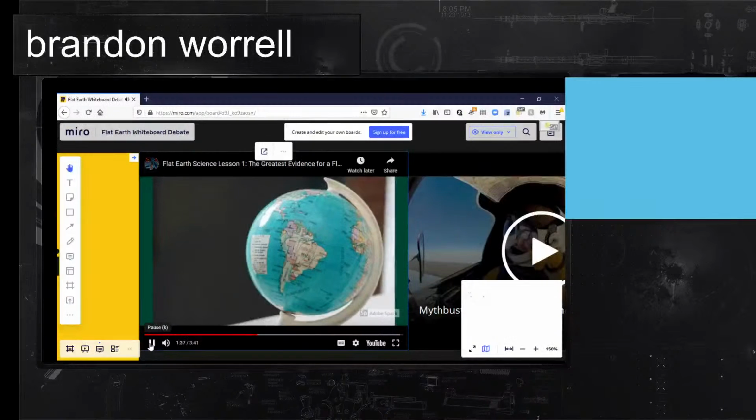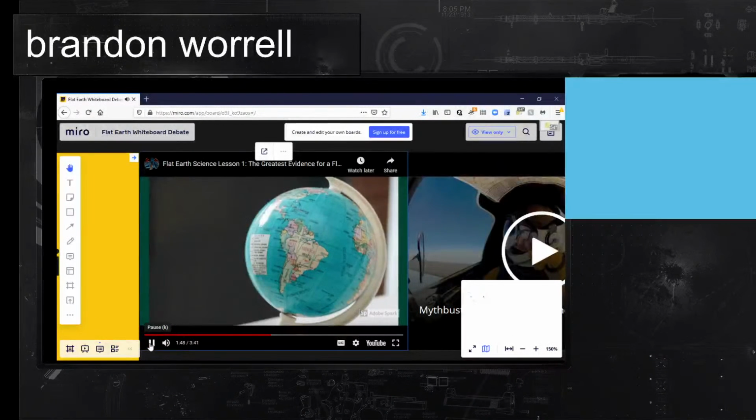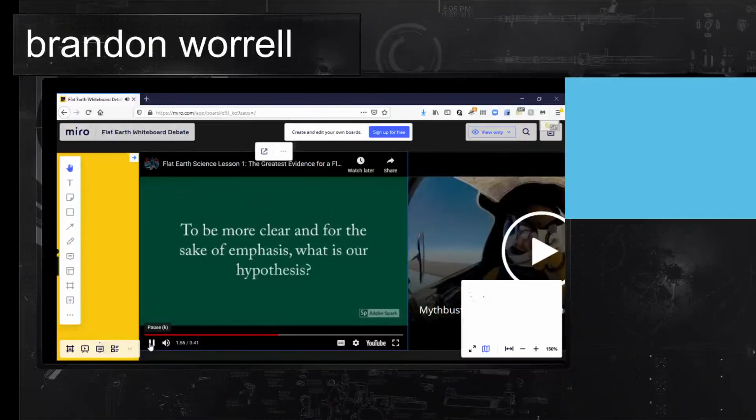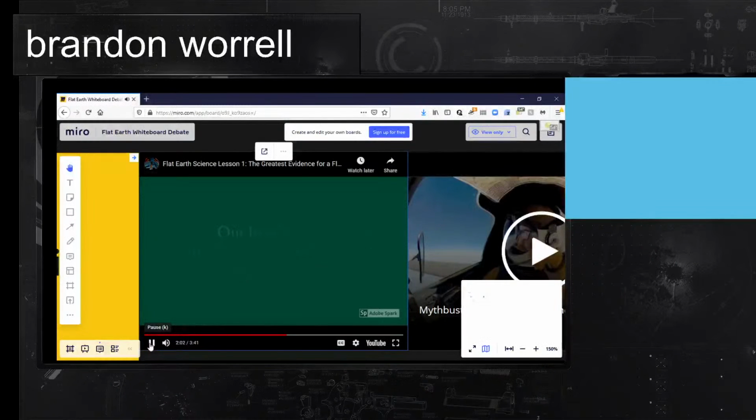Because we can observe flat horizons, we can hypothesize that the Earth is not a globe. Our next step is to look for further observations and put our hypothesis to the test. To be more clear, and for the sake of emphasis, what is our hypothesis? Our hypothesis is that the Earth appears flat because it is flat.